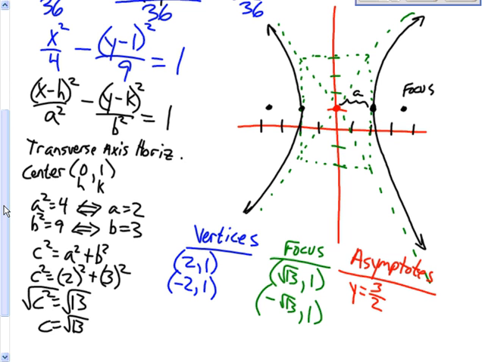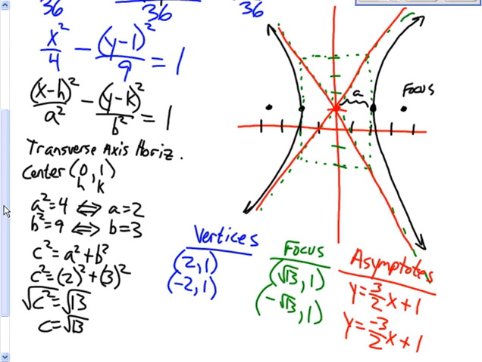In this case, it's actually b over a times x, and then plus 1 because your y-intercept is 1. That's this one right there. Now the other one would be down 3, right 2, plus 1. There's your asymptotes for that.